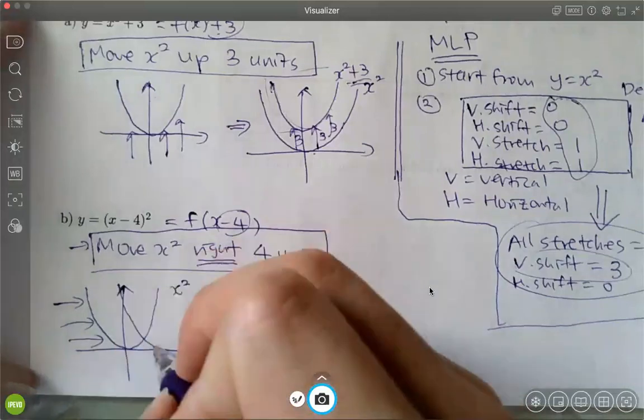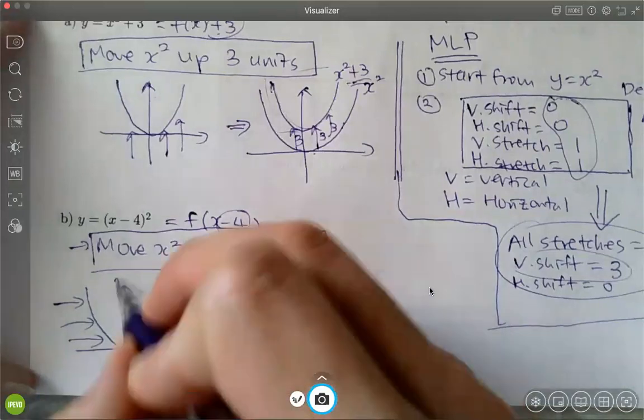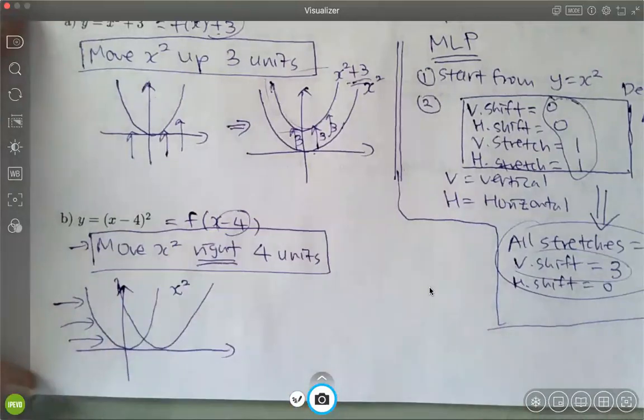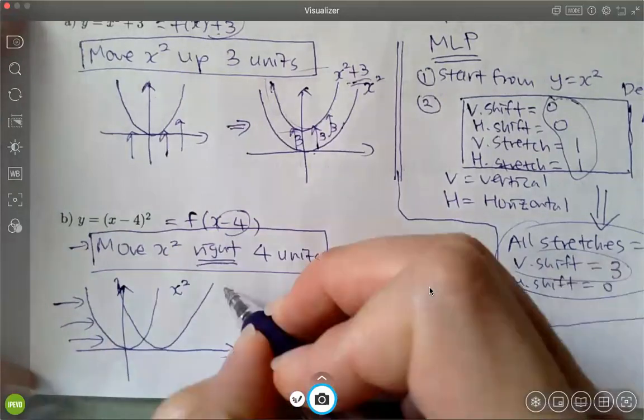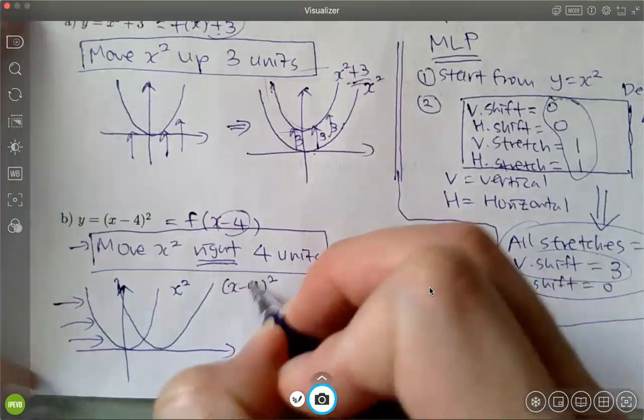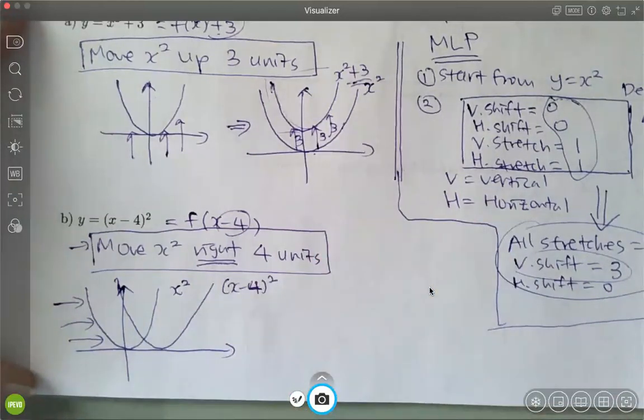Something like this, right? Okay, so that's the graph of this x minus 4 quantity squared. Okay, and what is this distance? That distance is 4, right? So that's the graph of x minus 4 squared.